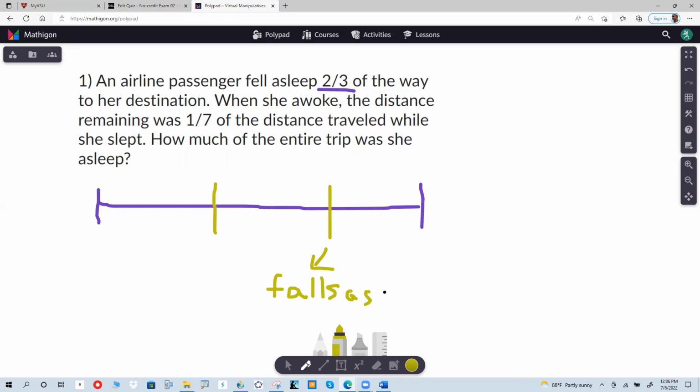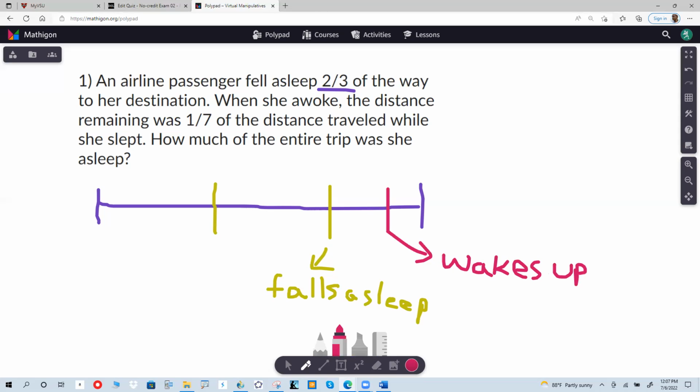Yes, sir. Now, somewhere, I'm just going to use pink because I need to refer to it. Somewhere while the plane is still flying, I'm going to say the pink spot, she wakes up. Let's just write wakes up.